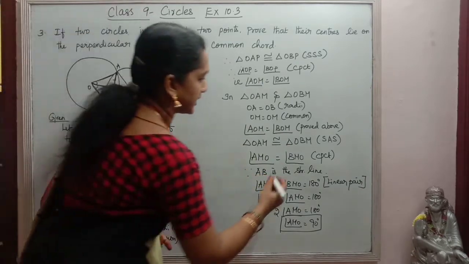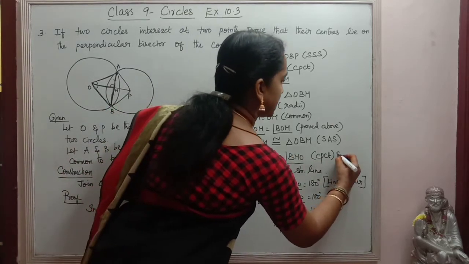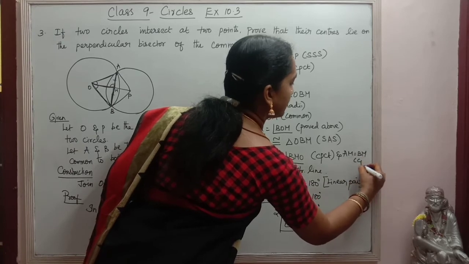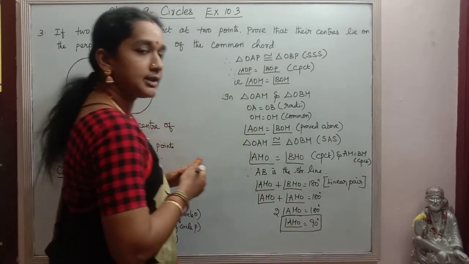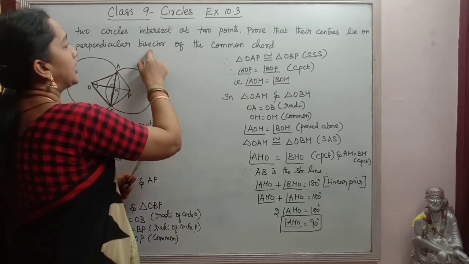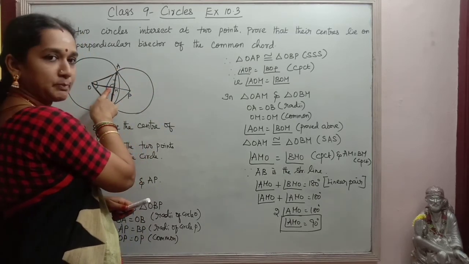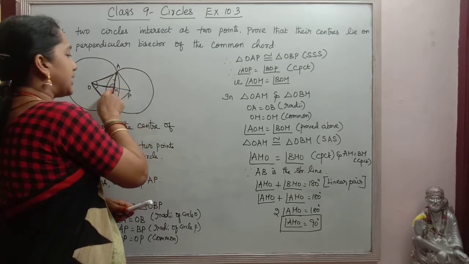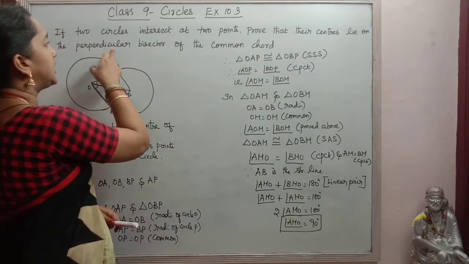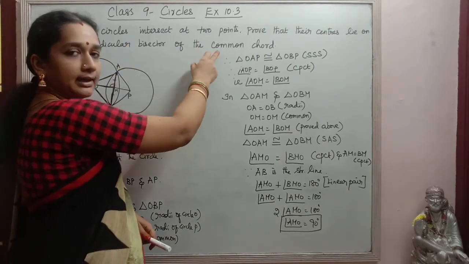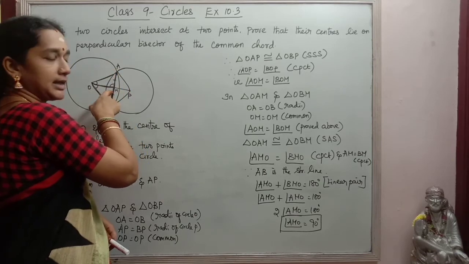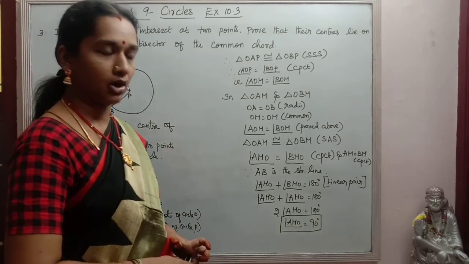So these two lengths are equal. So we have proved that this is perpendicular and this one is the bisector. So we have proved that the centers lie on the perpendicular bisector of the common chord.